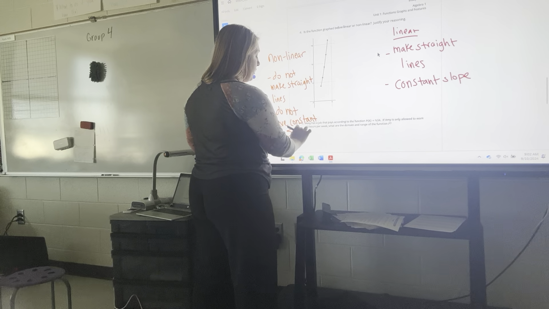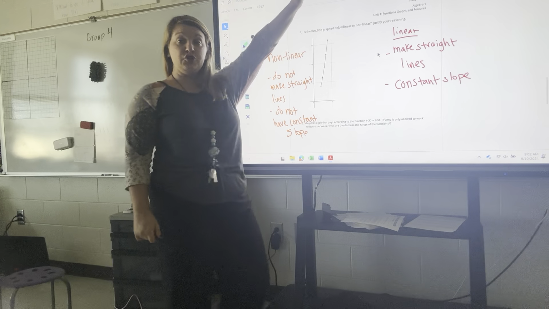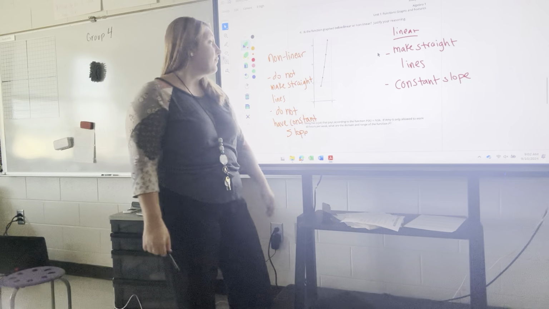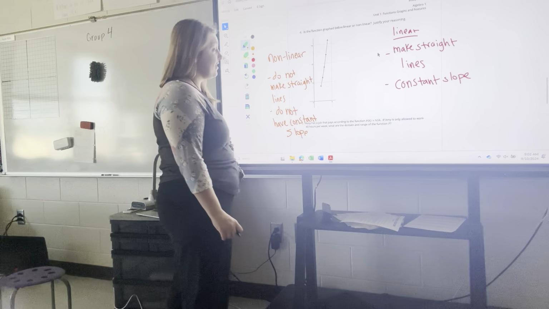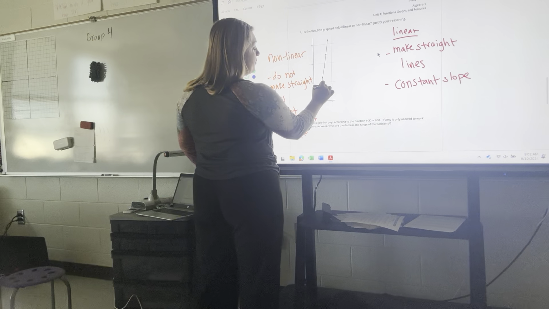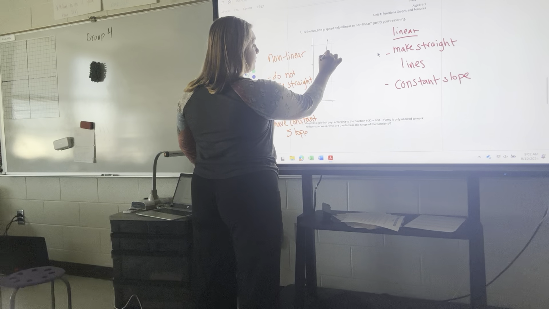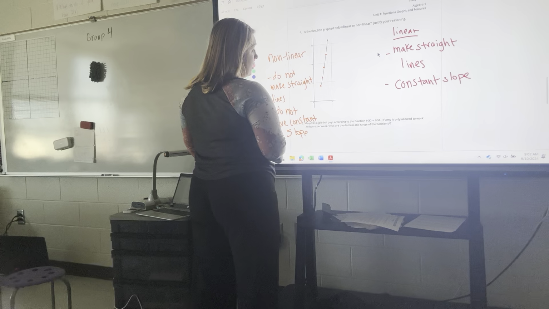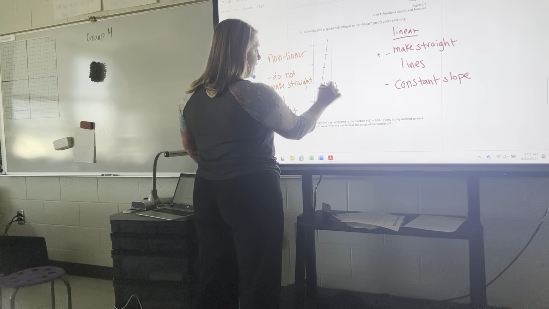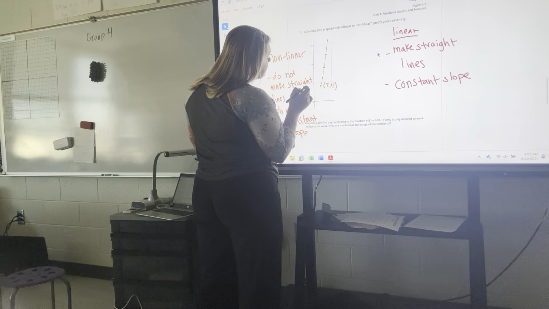So, when we look at this line, does it make a straight line or a curved line like we've talked about? Okay, I'm going to say it's a straight line. But if we wanted to check it, we could check the slope from here to here and from here to here. So the point here is 2, 4, and here is, what would you say that is?